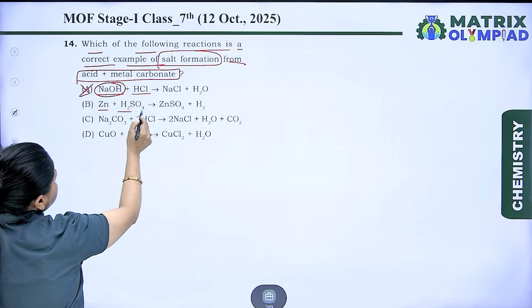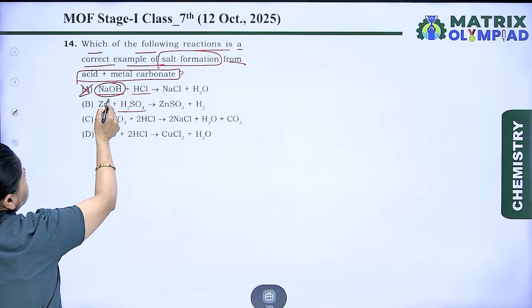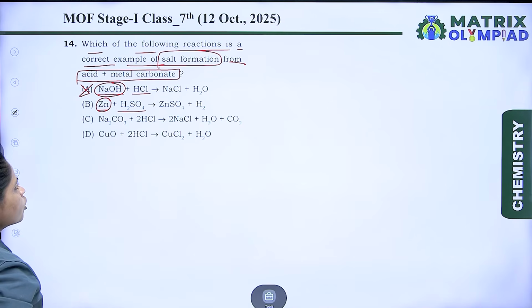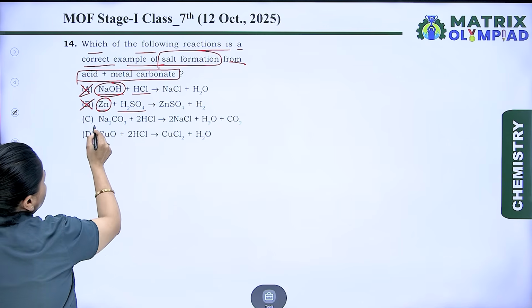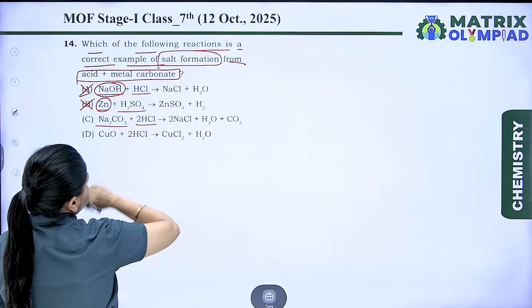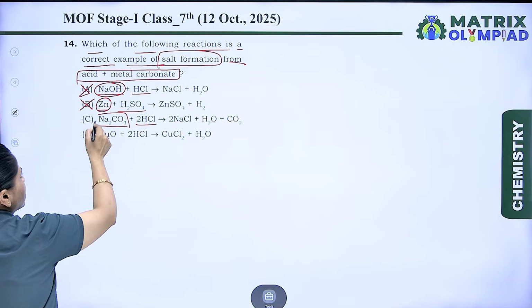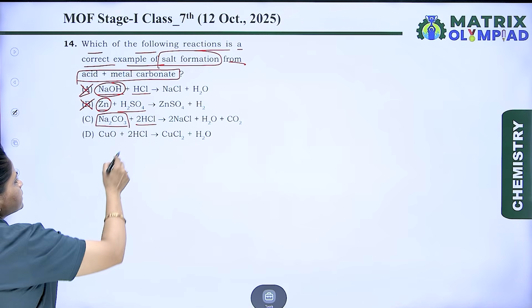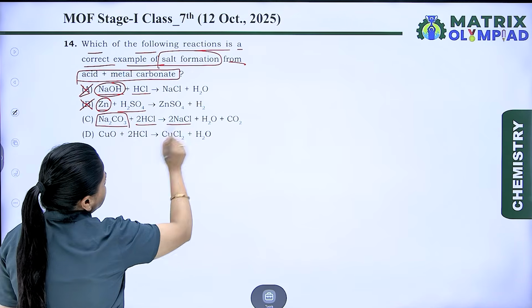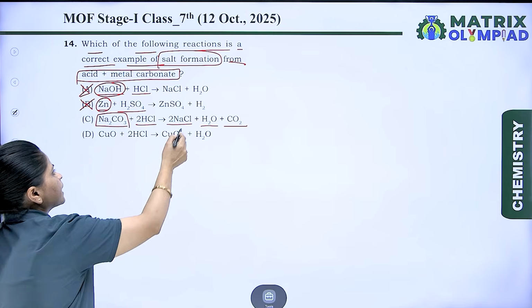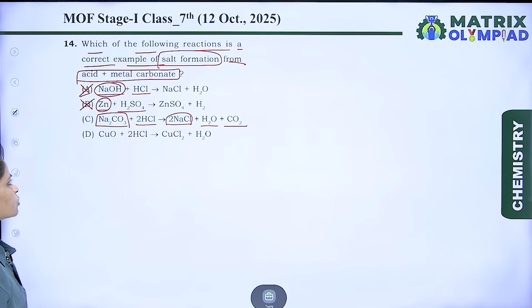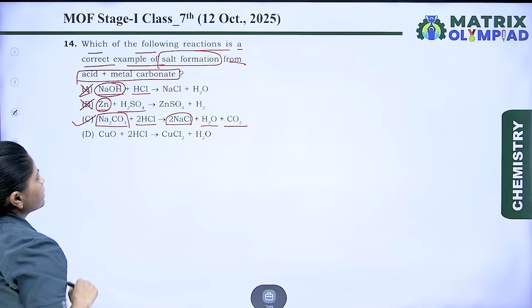B. Zinc plus H2SO4. Again, there is a metal, not a metal carbonate, so it is again wrong. C. Na2CO3 and HCl. Yes, this is a metal carbonate and it reacts with HCl, then NaCl, H2O and CO2 are formed, where NaCl is a salt. So option C may be correct.